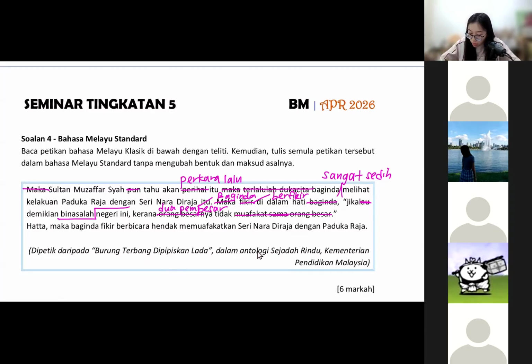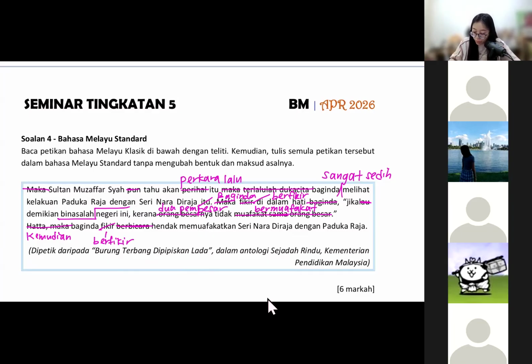Yes, correct. And then maka maka, you can change it to kemudian. Kemudian baginda, fikir become thinking. Thinking become what? Fikir become what? Berfikir. Okay, yes, correct. Don't need berbicara already because berbicara is discussed.